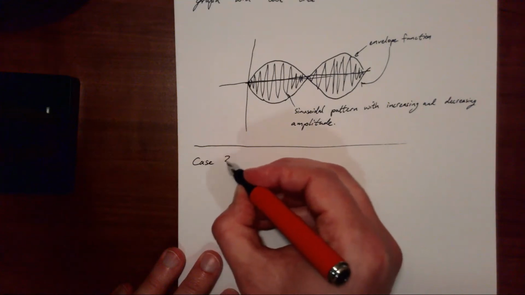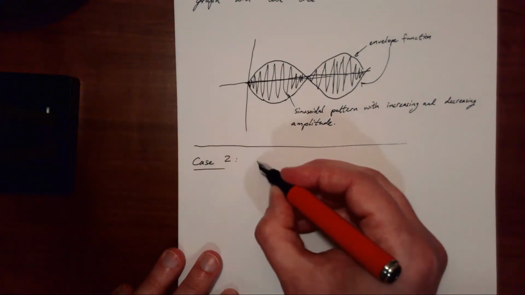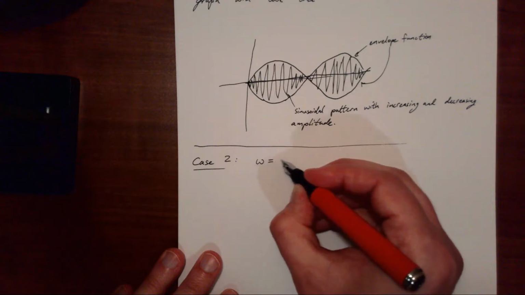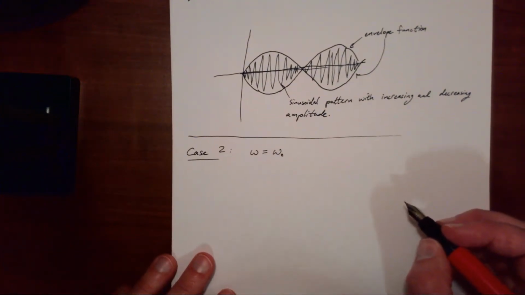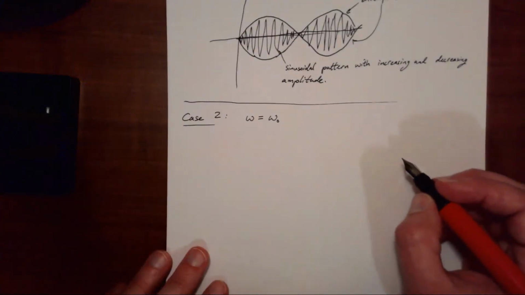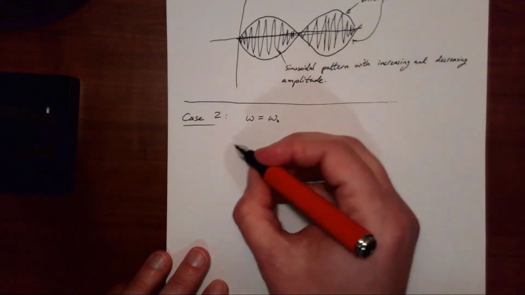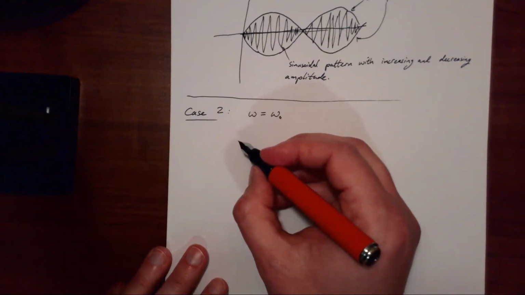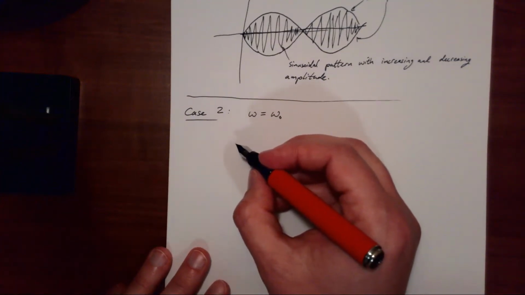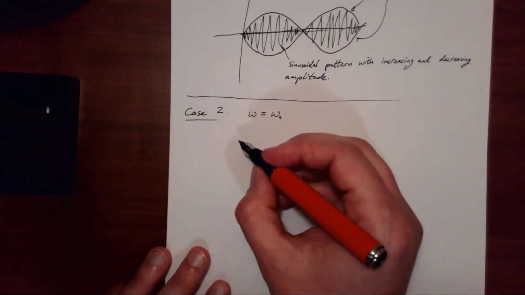All right, so that's case 1, where the omegas are different from each other. Case 2, omega equals omega naught. Well, in this case, we can't solve it by using the untampered methods that we have seen for undetermined coefficients. We need to include a t.